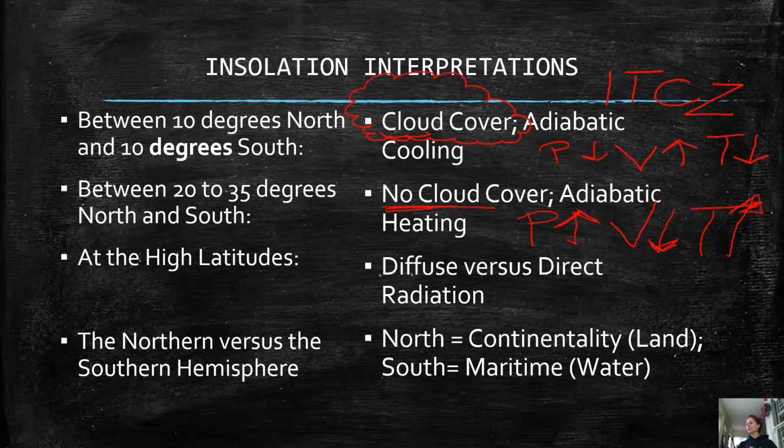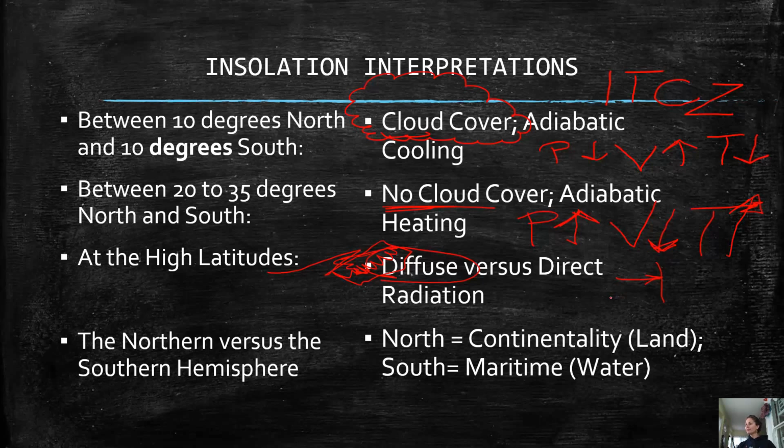Then at the higher latitudes, we see that as we move up into this oblate spheroid, the angle of the sun's rays is over greater amounts of area, and so it's less intense intercepted solar radiation at the higher latitudes, versus very direct radiation where the subsolar point is vertical at the lower latitudes.